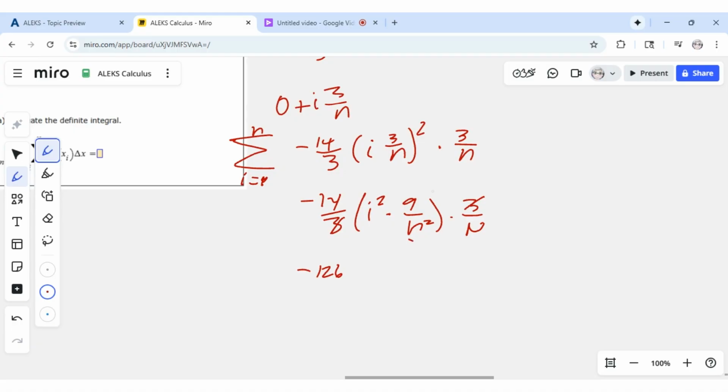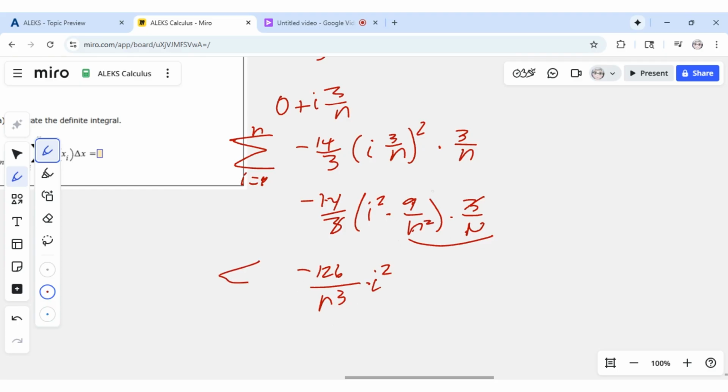And then let's bunch these together, so that's over n cubed. Yeah, so over n cubed. And then I've got my i squared hanging out there. So the 9 and the negative 14 made the negative 126, the n squared and the n made the n cubed, and we left the i alone.